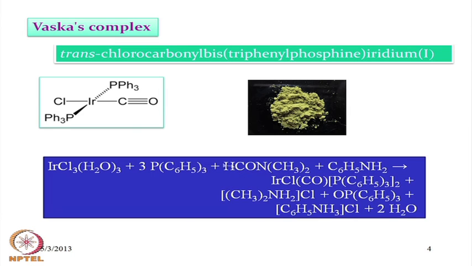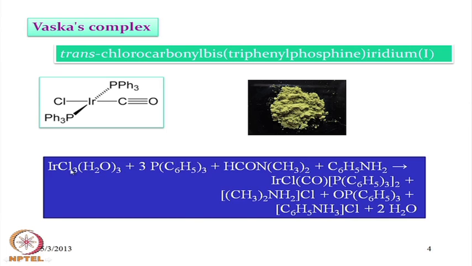So, this molecule is DMF to us, and C6H5NH2 is also given, which is the aniline molecule, and that aniline molecule, like our hydrogen molecule in the previous case, is being utilized as a base.